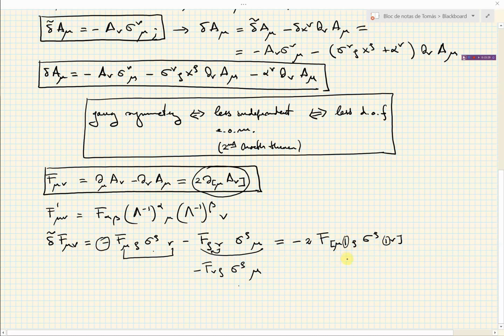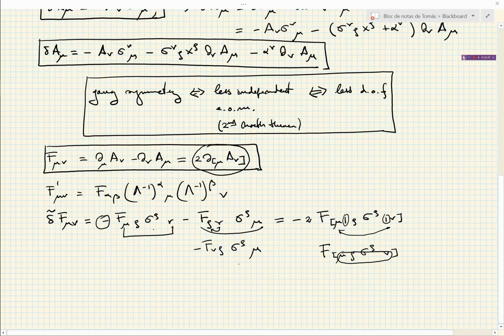The antisymmetrization only affects these 2 indices. If I had written F mu rho sigma rho nu, this would be completely different because I would be antisymmetrizing in these 3 indices, an operation that I still haven't presented, but that can be done, of course. It exists, but it gives you something different from what we wanted.